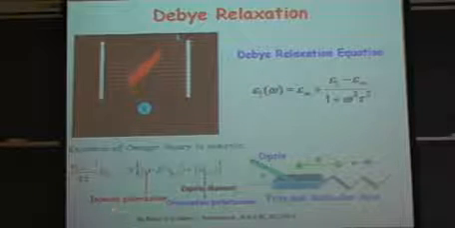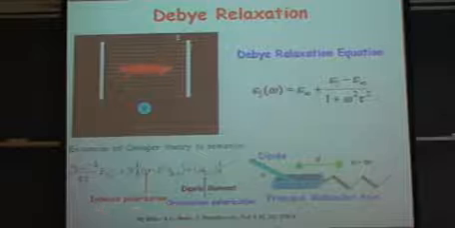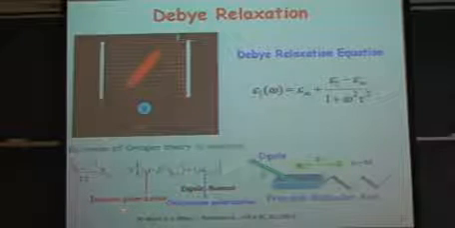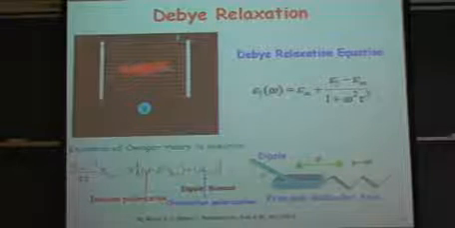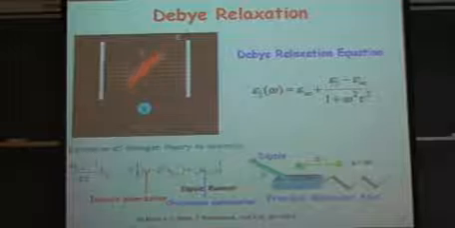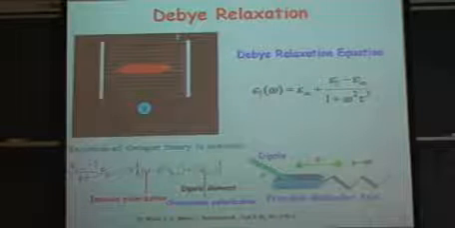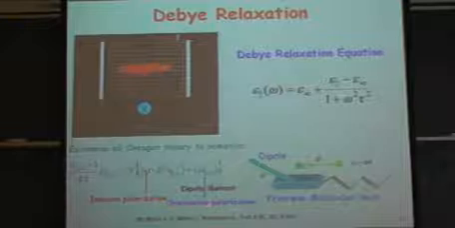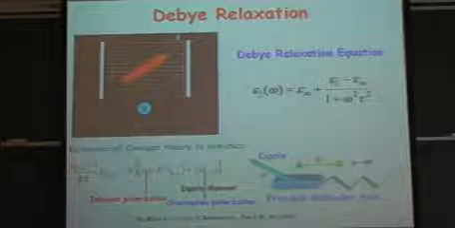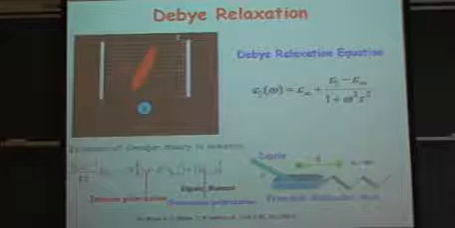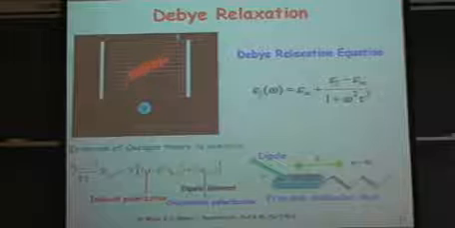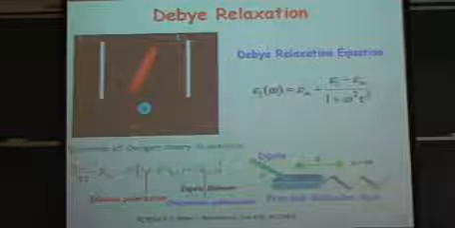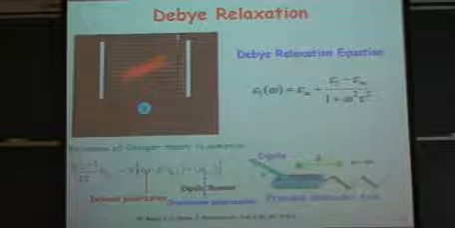That is called induced polarization, and its time scale is around 10 to the minus 12 seconds, so very fast. And this molecular movement is by orientation polarization. Its time scale is about 10 to the minus 3, 10 to the minus 2, so it's comparable to the electrical field switching rate.